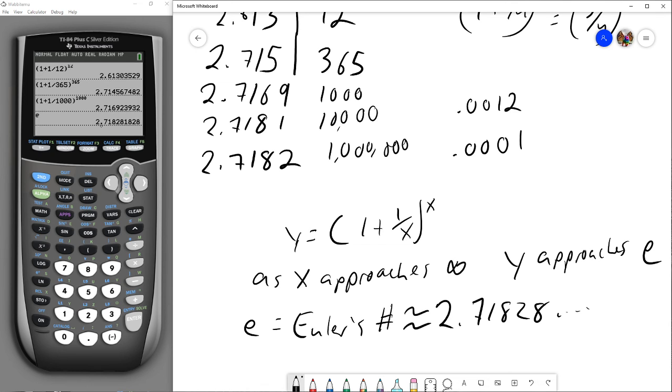So the claim is, as x gets larger and larger to infinity, the amount of money you would make would approach Euler's number. And Euler's number is this nice decimal. Euler's number is a transcendental number, like pi. Pi has decimal places that go into infinity. So does Euler's number. It turns out that Euler's number shows up all over the place, like you wouldn't believe.